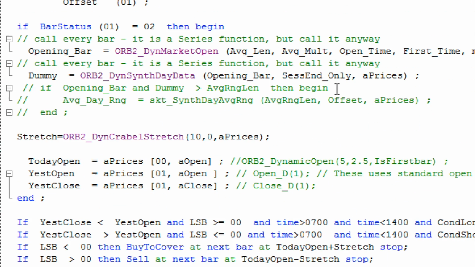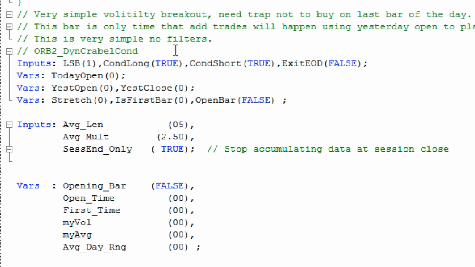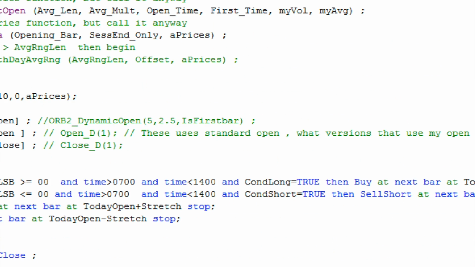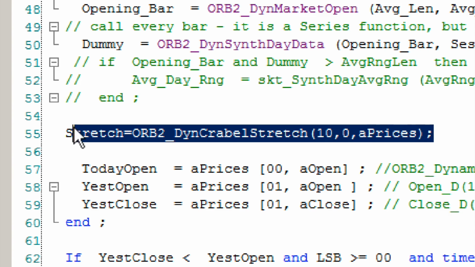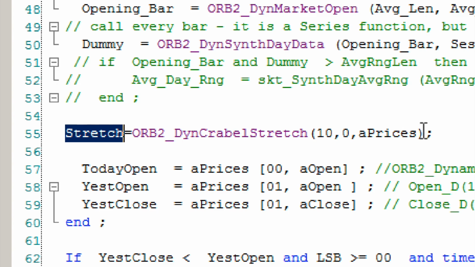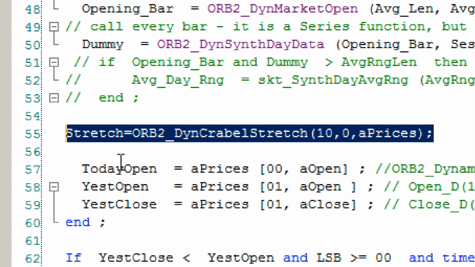And you can see in here are the two conditions, condition long and condition short, and where it's testing for those. But here is the dynamic stretch. So the stretch value is being passed back by this function, and this is the dynamic Crable stretch function right there. So you could take this function and use it in your own trading system.